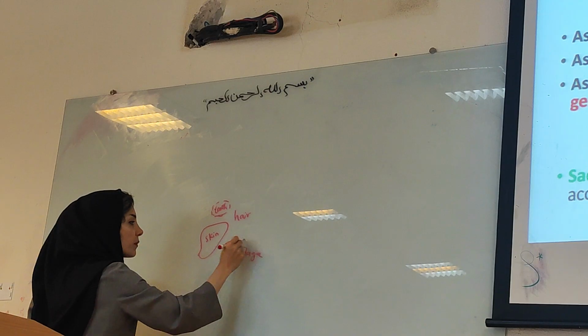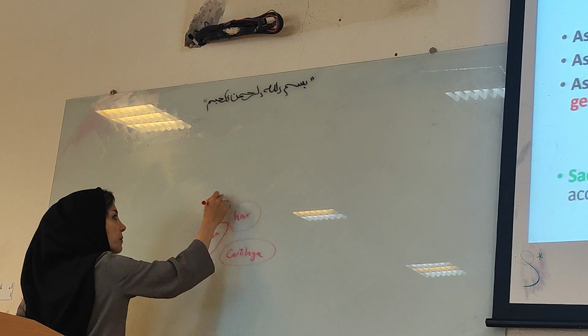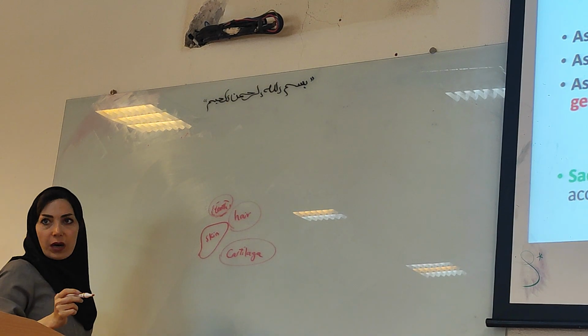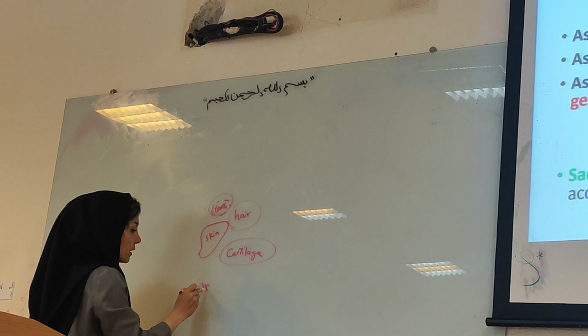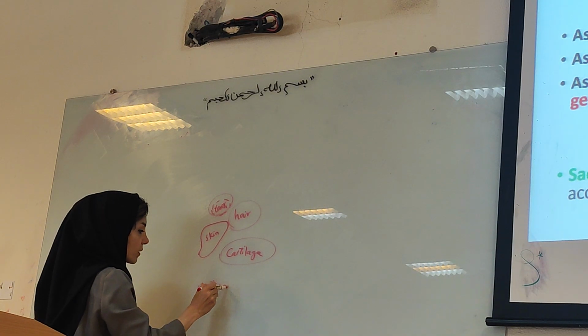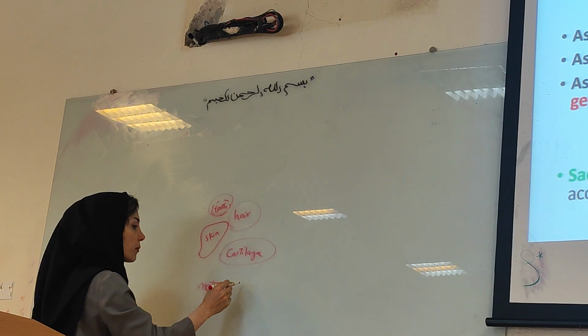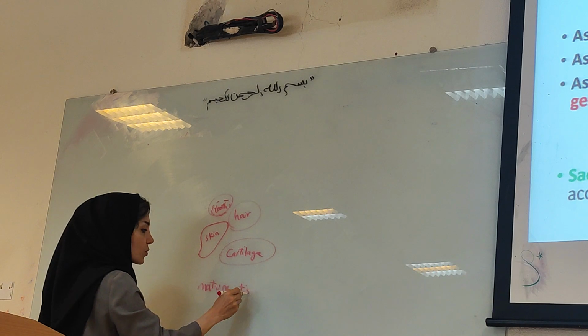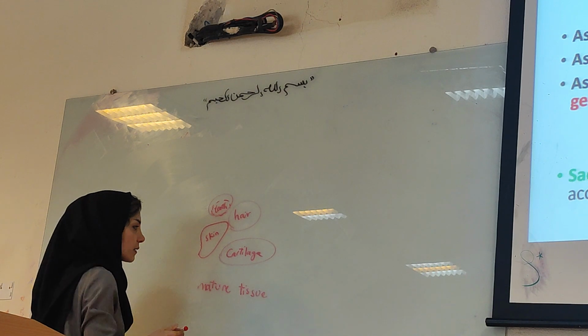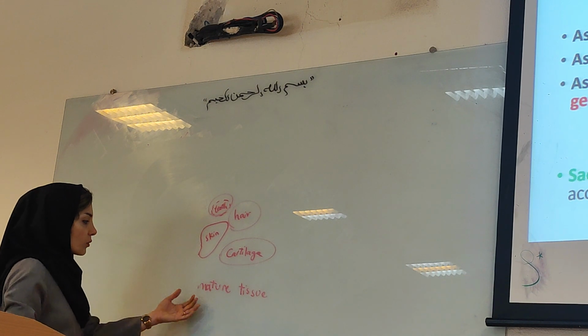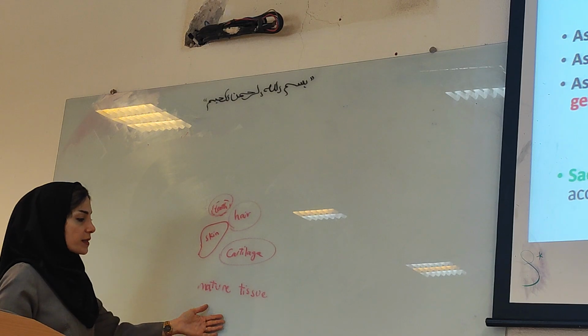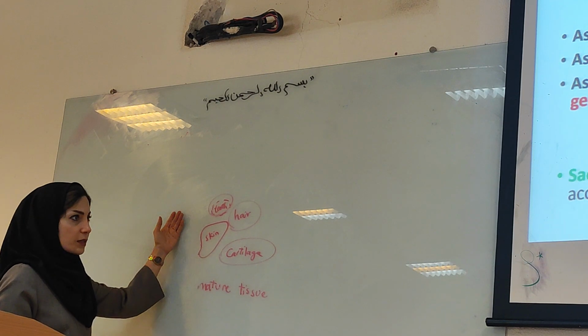All of them in mature forms may be present in teratoma. All of tissues that are present in teratoma are mature tissues. And they are really recognizable for you under the microscope.